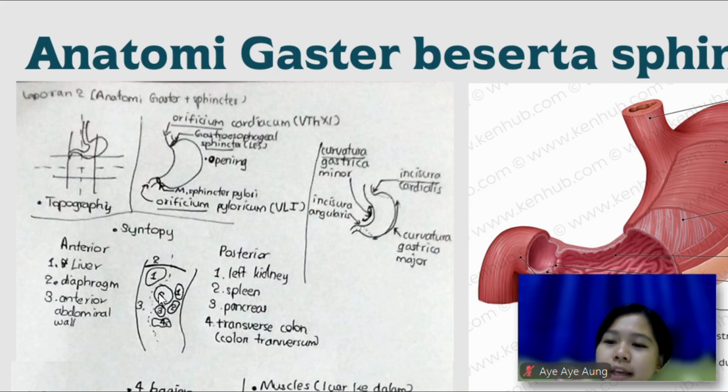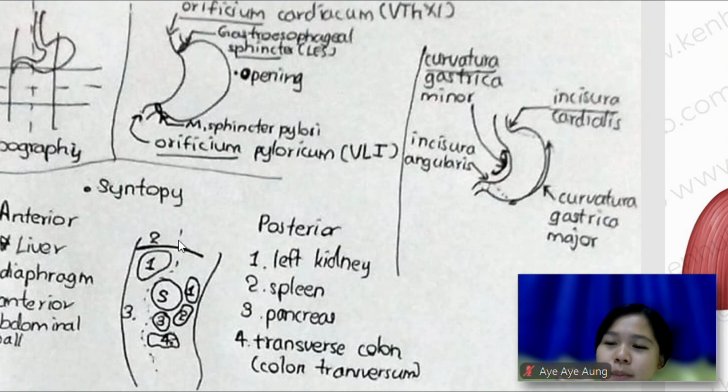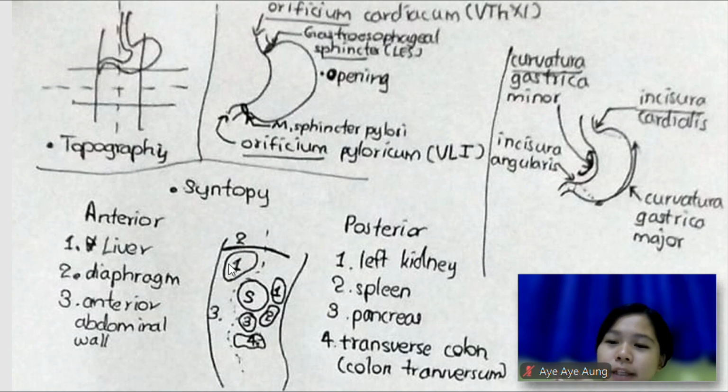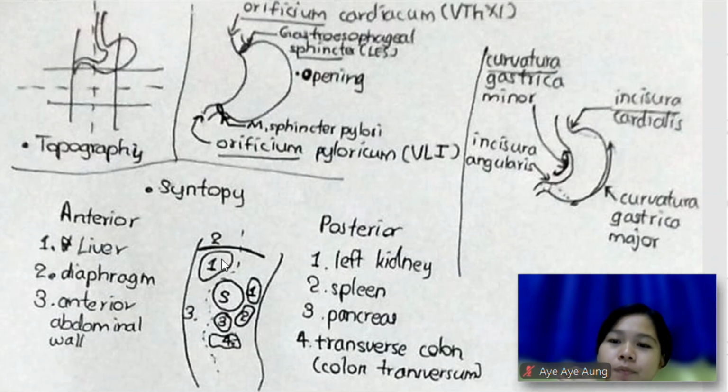So this is the stomach, you see. In the anterior part of the stomach there is liver, the diaphragm, and also the anterior abdominal wall. At the posterior, we have the left kidney, the spleen, the pancreas, and also transverse colon, which is colon transversum.